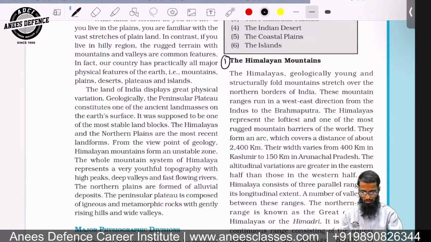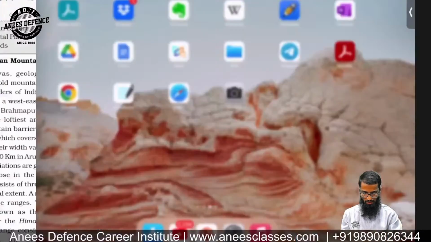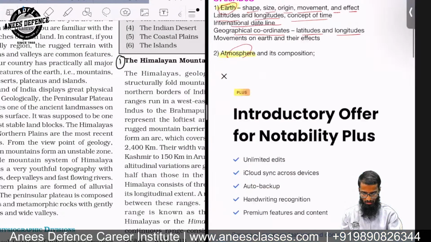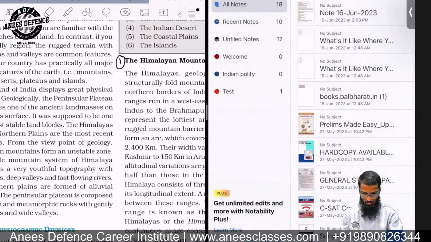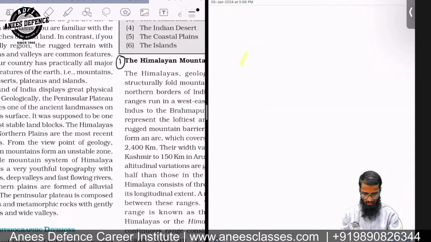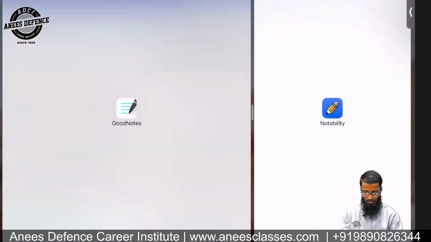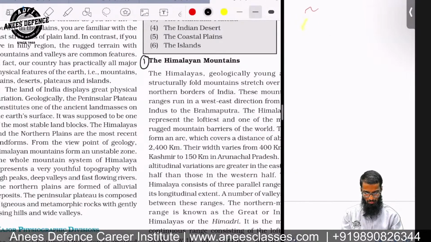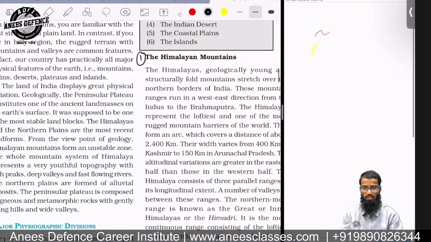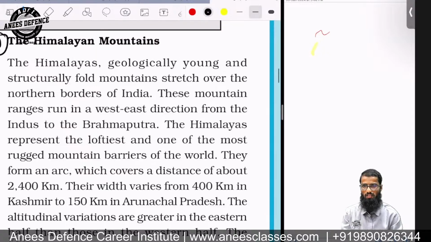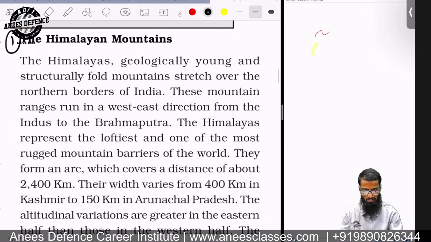So let us divide it and we'll start. We'll create a new note. I will write it here, so that you will understand. So look at this. We are studying about the Himalayan mountains.